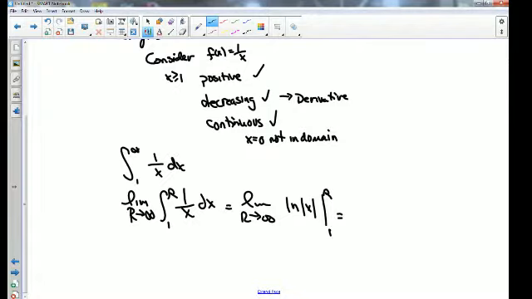And then we solve, so limit as r approaches infinity, ln r minus ln 1. What happens to natural log as we go to infinity? So we diverge.